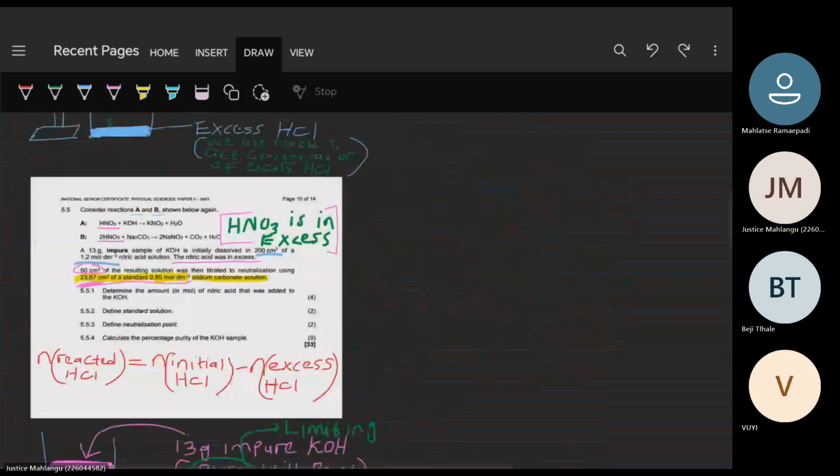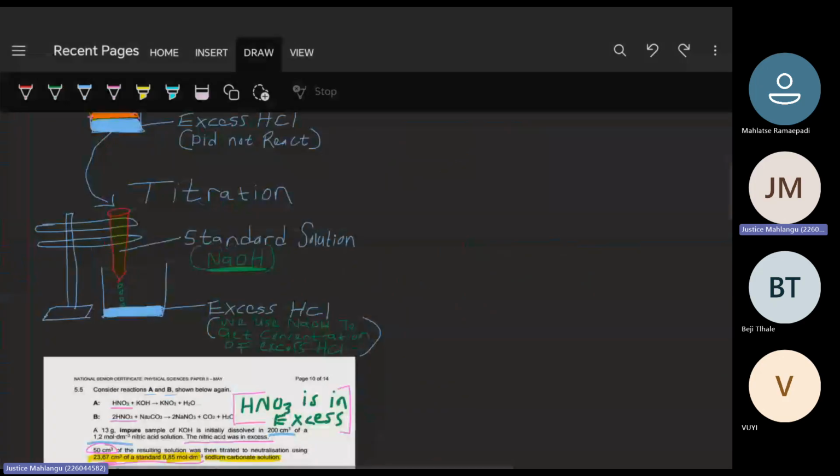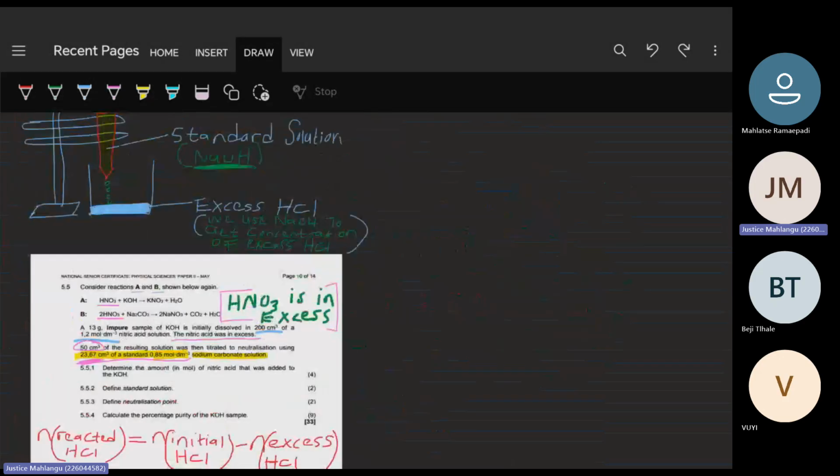We said from the beginning, a 13-gram impure sample of potassium hydroxide is initially dissolved in 200. That's our initial. So we're looking for the number of moles in excess, but in the initial beaker, not in 50.